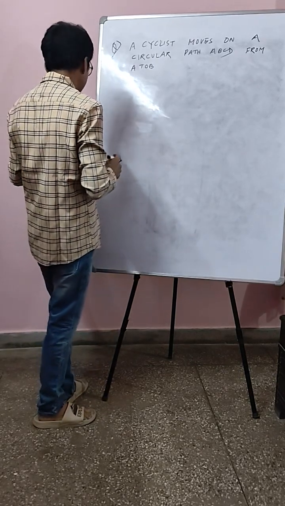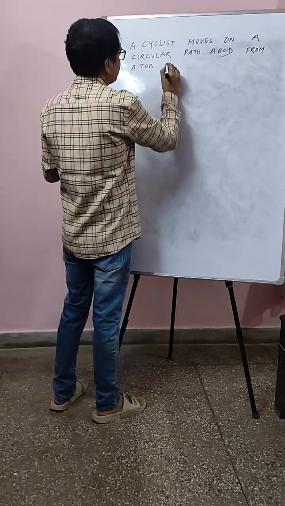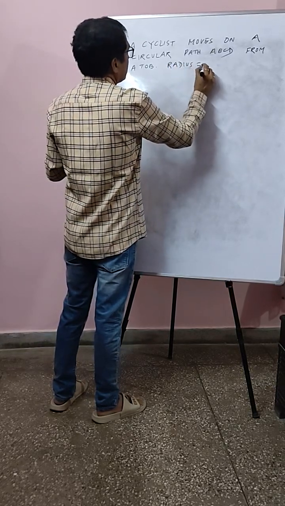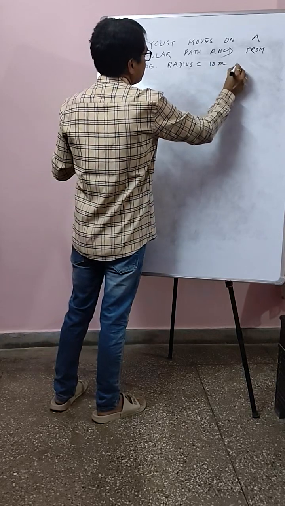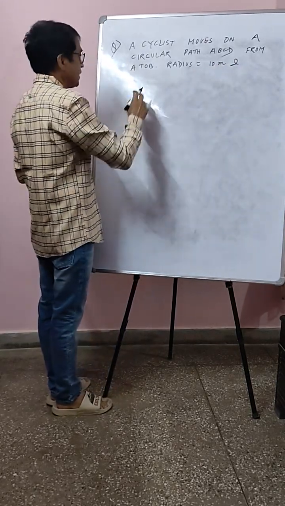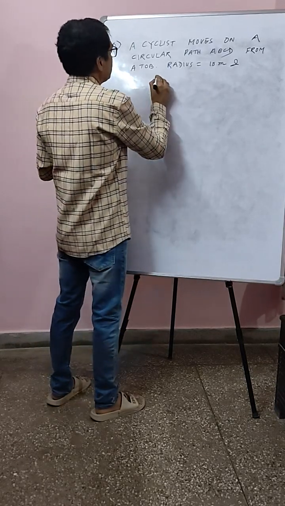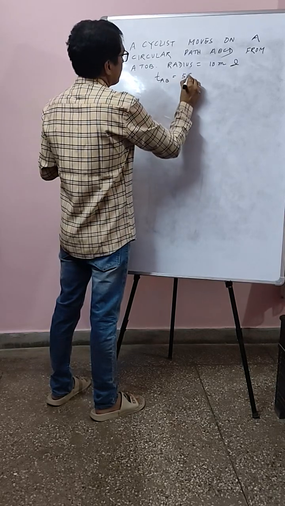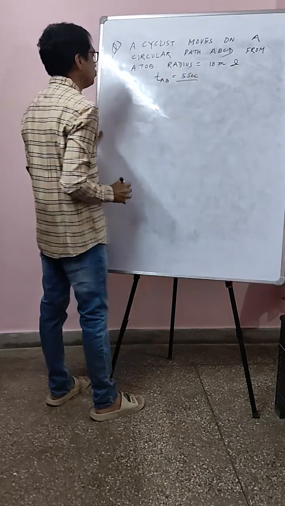The radius of the circular path is 10 meter, and the time taken to go from A to B is 5 seconds.